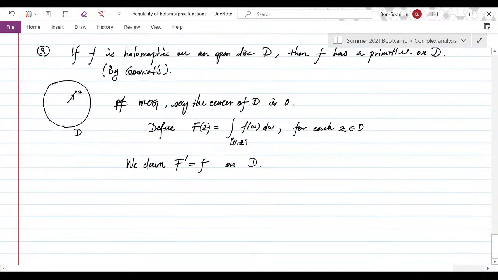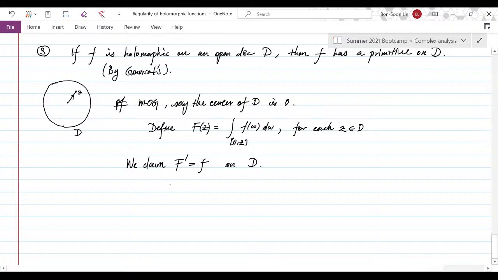Now, here's where the geometry of this disk actually matters, because it's a circle, so it will contain every line segment. Whenever you pick 2 points, it will contain the line segment joining those 2 points. So we care about this being an open disk. Okay, but how do we do this? Well, we want to calculate the derivative of this. To calculate the derivative, we need to consider the difference quotient.